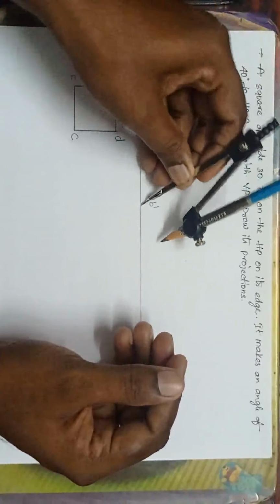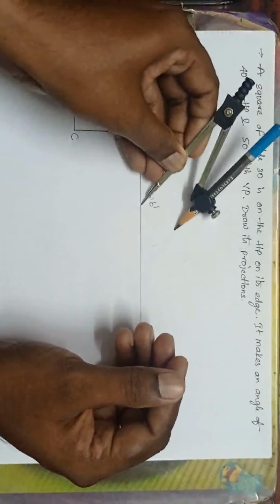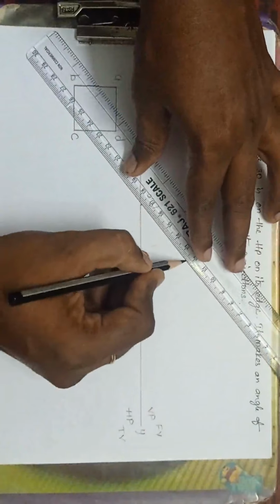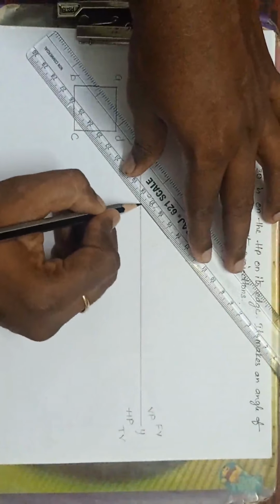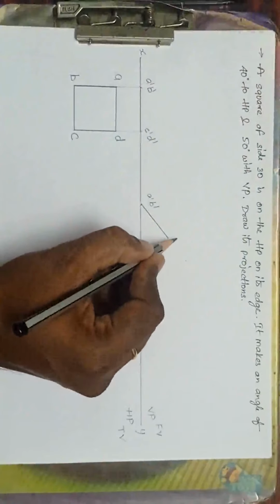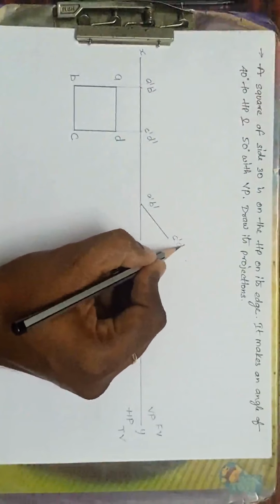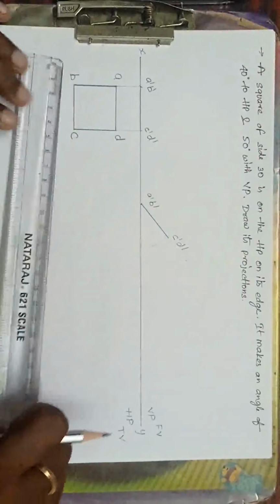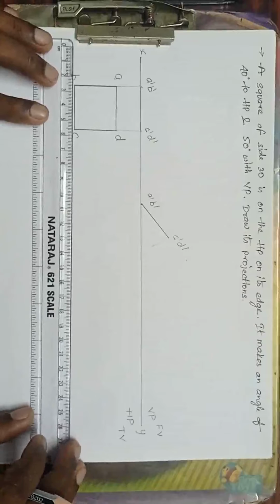With A dash B dash as the center, draw a curve of that length. Now join this one at an angle of 40 degrees. Now this is C dash and D dash, and I have to mention the length of this edge also.